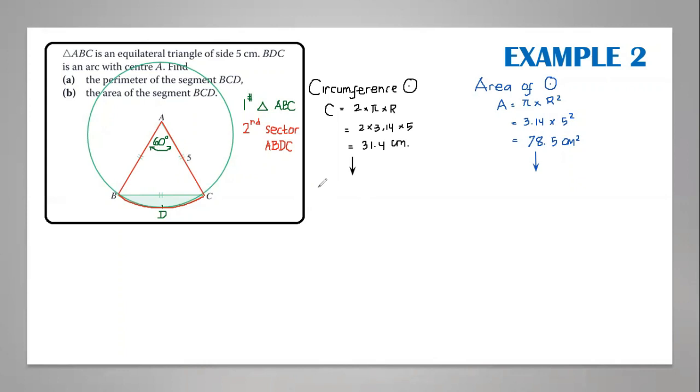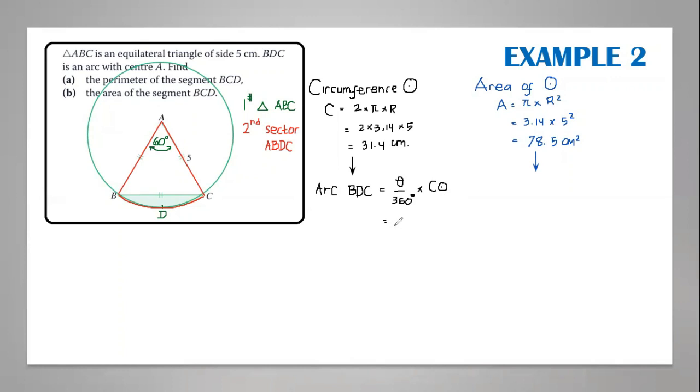Now we're going to find the arc BDC. Arc BDC or arc BC is the same. The formula is theta over 360 degrees times circumference of circle.